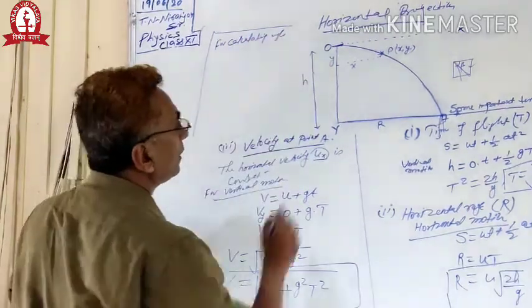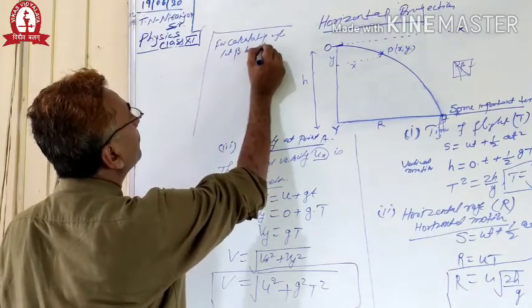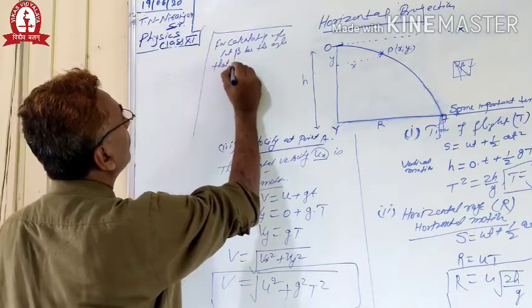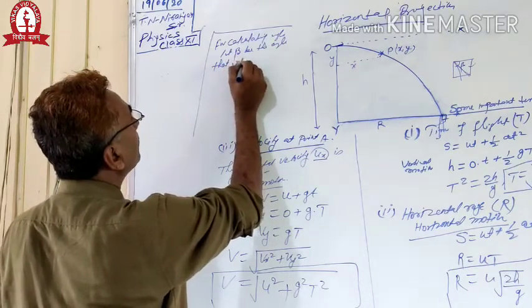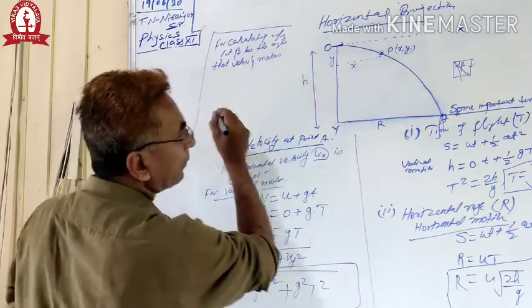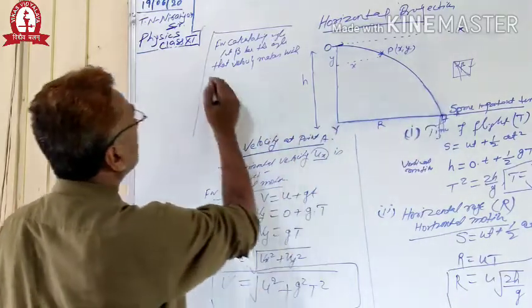Let beta be the angle that velocity makes with the x-axis.